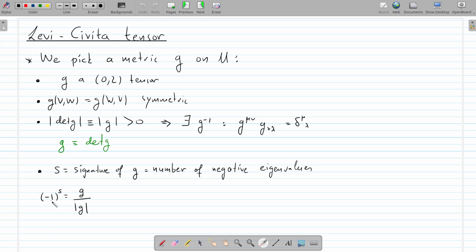The sign that comes from (-1) to the s will also be called the signature of the metric. We have to understand the two differences here. And notice that since this sign is the same as the sign of the determinant, because the determinant is the product of the eigenvalues, then we can write that this sign is equal to G divided by the absolute value of G.